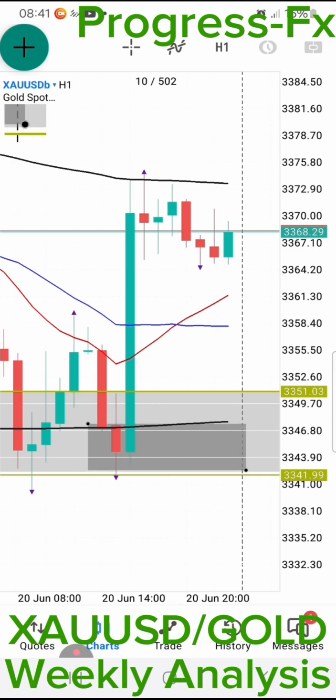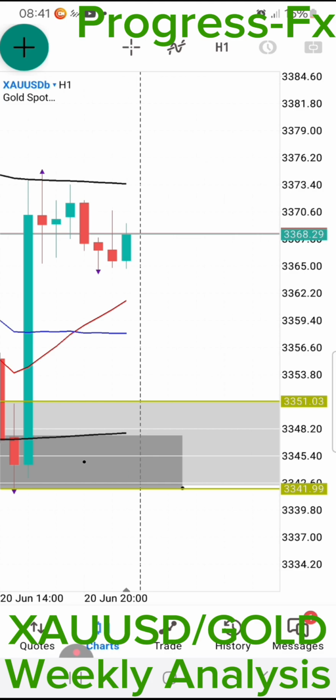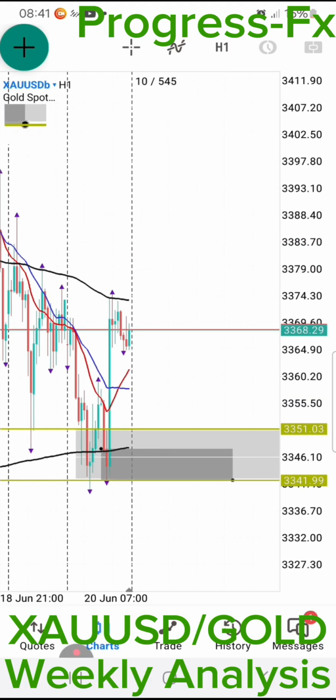So as you can see, we have reduced the noise probably created on H4 to a minimal level. The same way, if you go to a smaller time frame, you continue to reduce the noise.